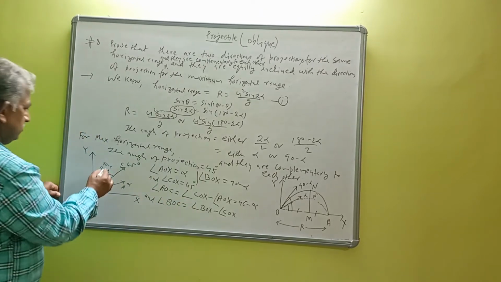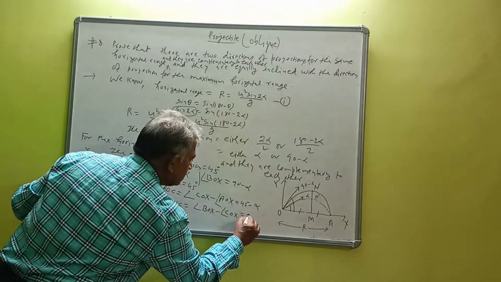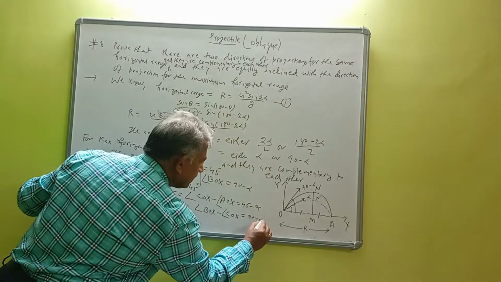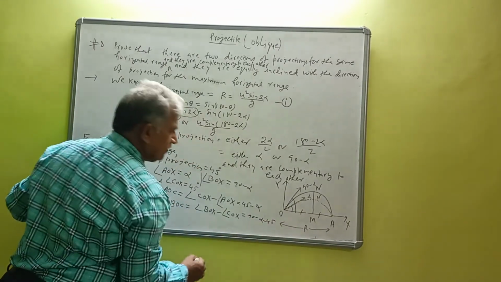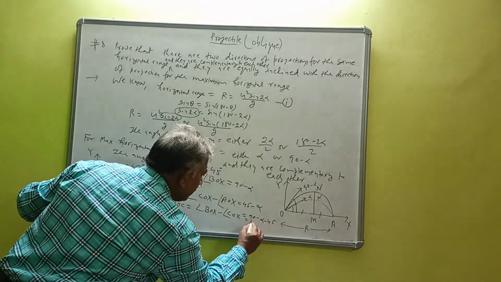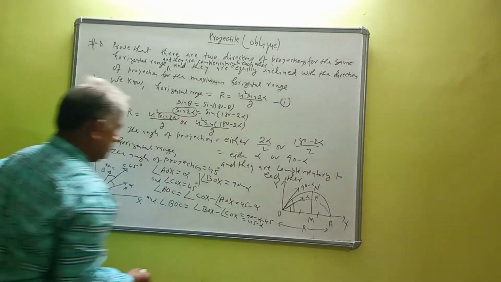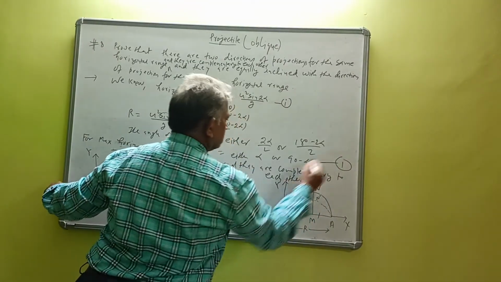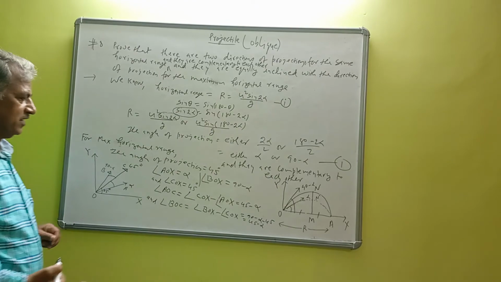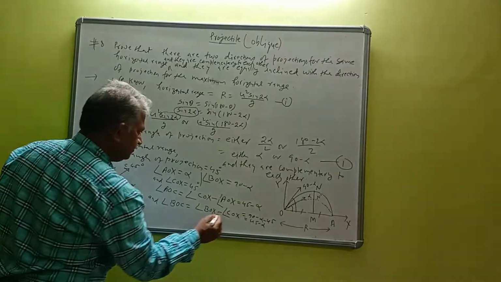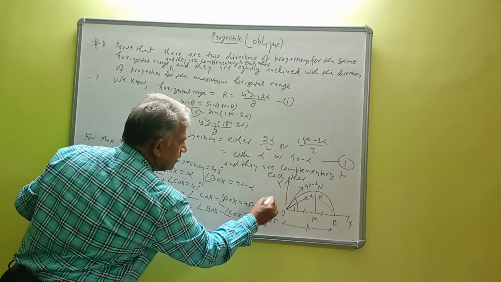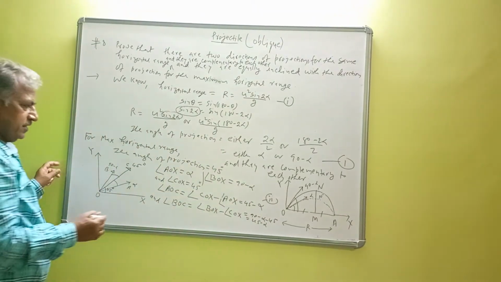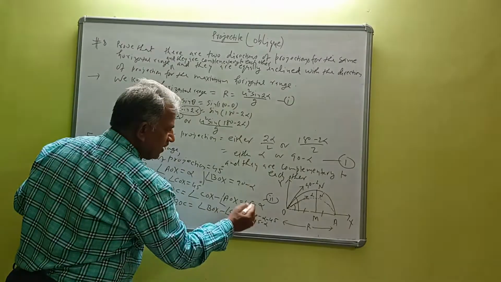Now put the values: BOX is 90 minus alpha, whereas COX is 45 degrees. So this gives 45 minus alpha. So we have the relations: AOC is equal to 45 minus alpha, and angle BOC is equal to again 45 minus alpha.